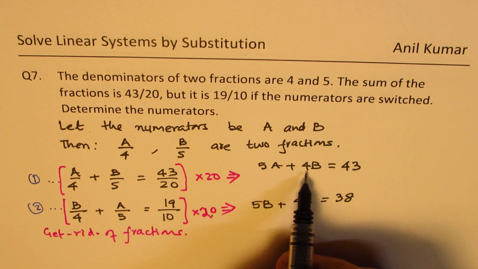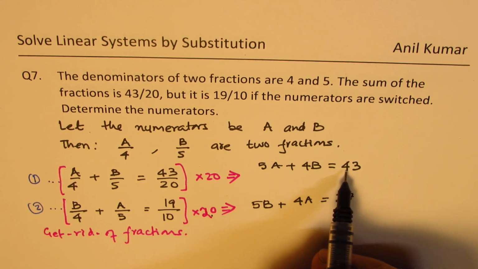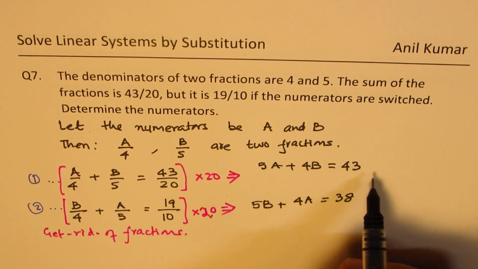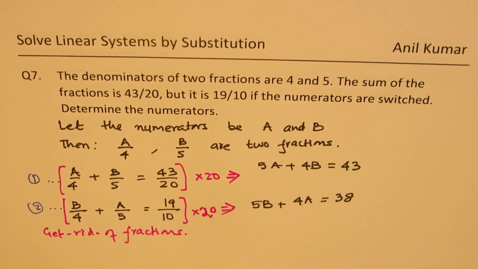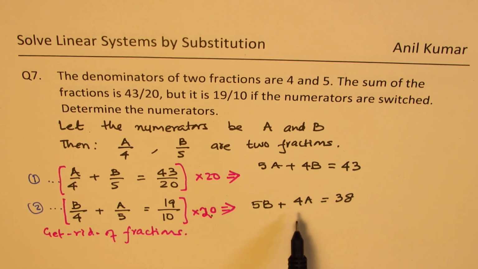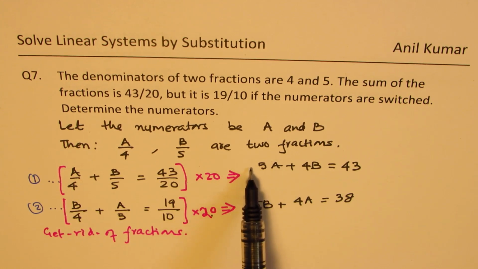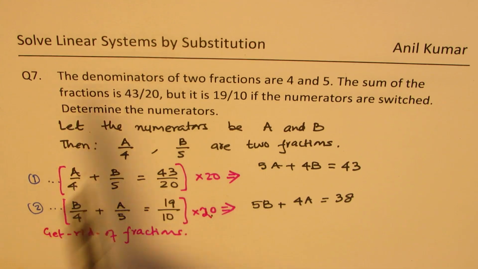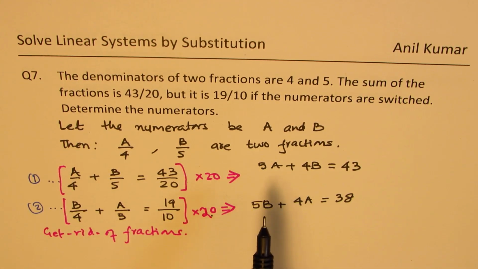We have 4b equals 43 minus 5a, and then we can divide by 5. We could do that. So substitution is kind of complicated. In this case, the elimination method is much simpler. You could multiply the first equation by 4, the second by 5, and then eliminate. That was simpler. But let's continue with the substitution method since this is more difficult.